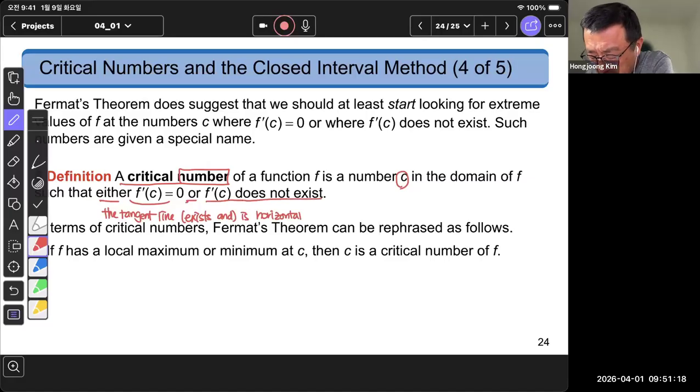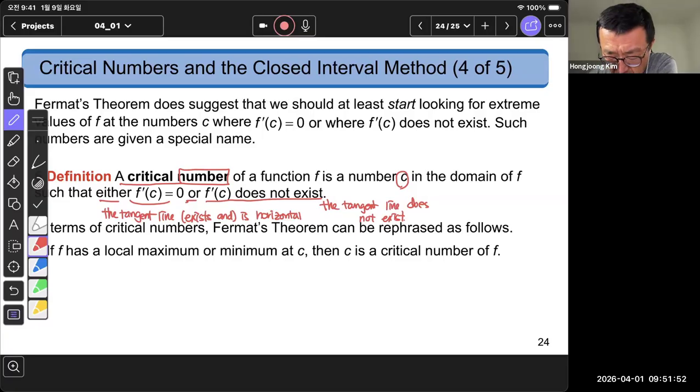That means the tangent line does not exist. In that case, at some point, we call that point c a critical number.